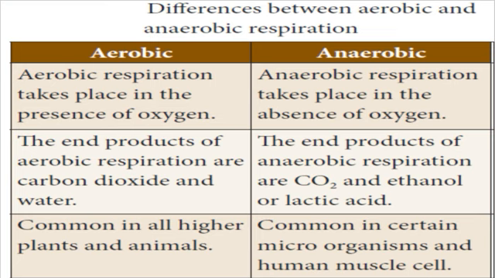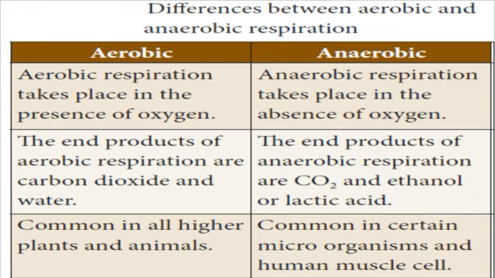Differences between aerobic and anaerobic respiration. Aerobic respiration takes place in the presence of oxygen. The end products of aerobic respiration are carbon dioxide and water. Aerobic respiration is common in all higher plants and animals.